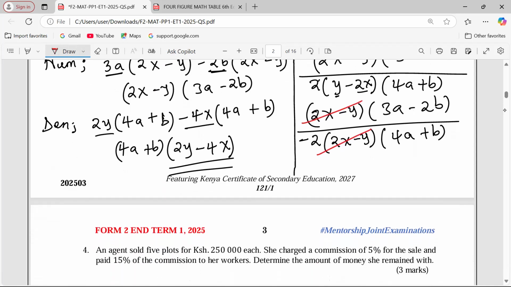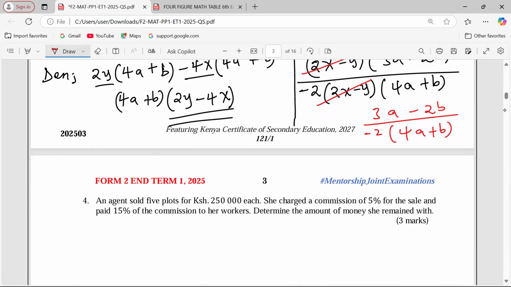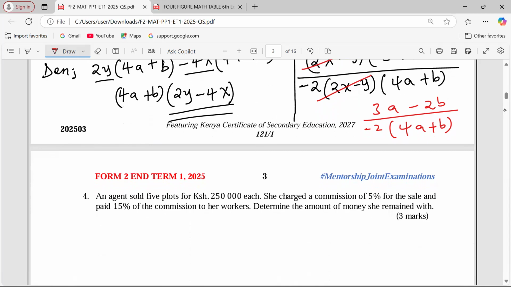So we can have the negative, because the negative cannot remain in the denominator, it's a negative 2. Then we have 4a plus b. So we cannot have a negative in the denominator. We can take it up there such that it is the numerator now.